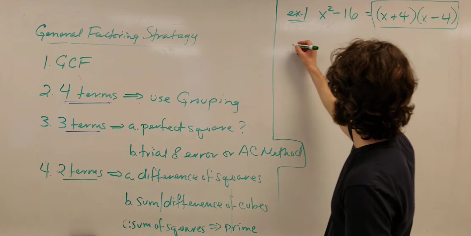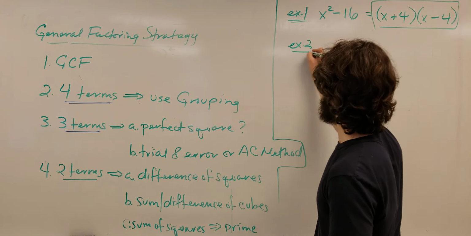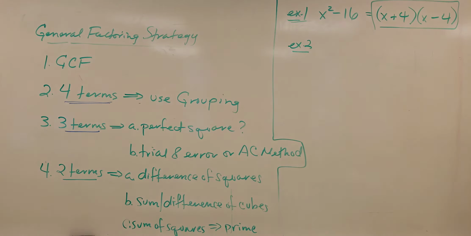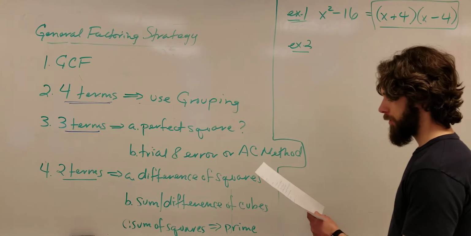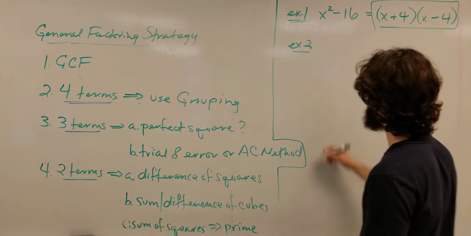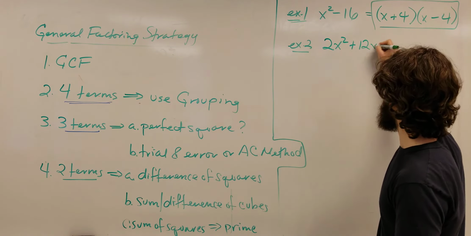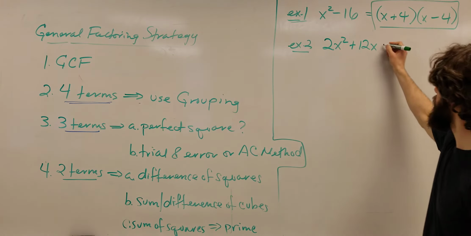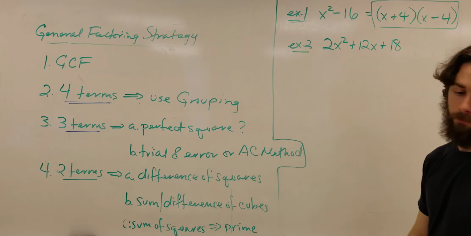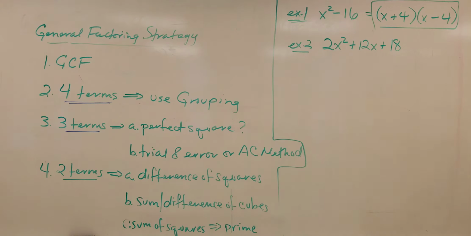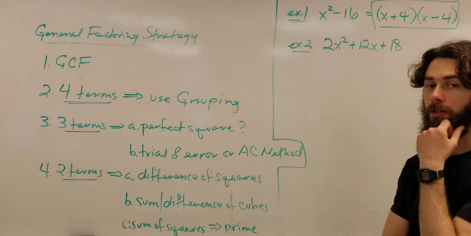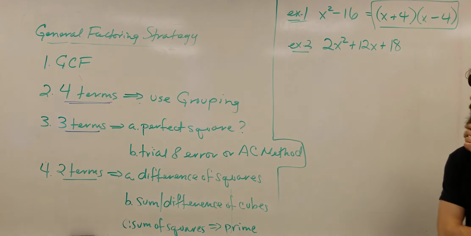Okay, let's do example 2. Let's say we have 2x squared plus 12x plus 18. Maybe pause and try this out on your own for a second.